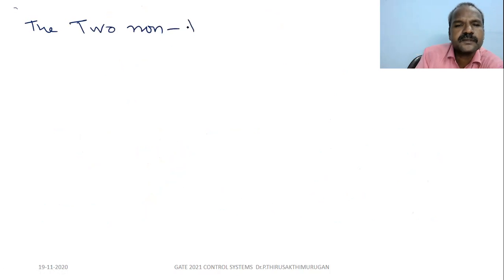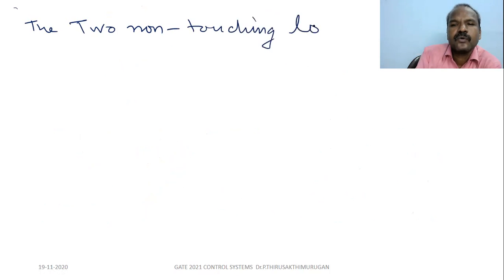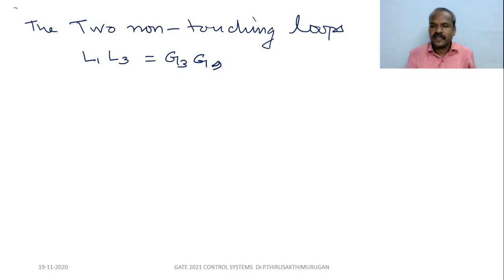So the 2 non-touching loops are L1, L3, equal to G3, G9. This is the 2 non-touching loops, L1 and L3.